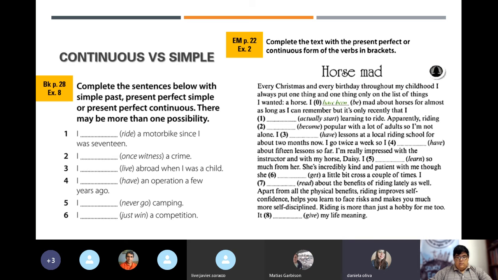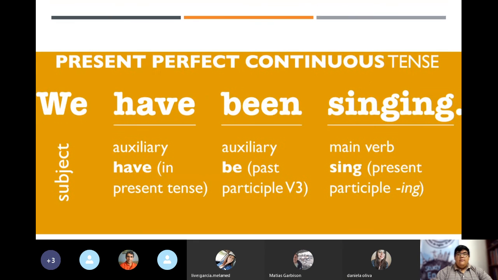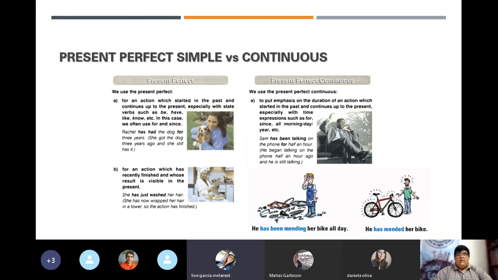¿Puedes poner la diapositiva anterior? Yes, sure. This one? No, another one. Yeah.